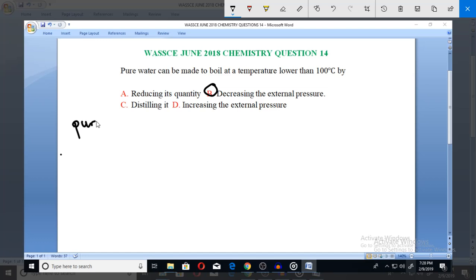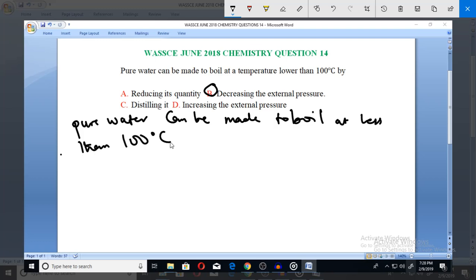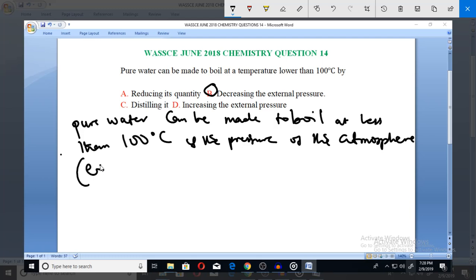It is the answer because pure water can actually be made to boil at less than 100 degrees Celsius if the pressure of the atmosphere, and this pressure of the atmosphere is actually the external pressure.